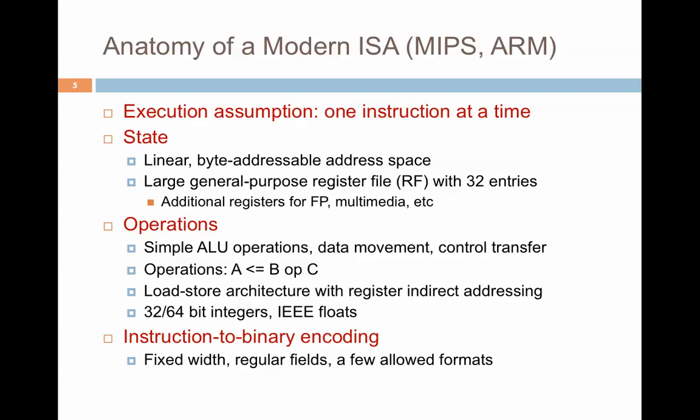Whereas in MIPS, we always have a fixed width, which makes it easy to decode, and they have regular fields, which also makes it easy to read and write values to our registers. We only allow a few formats, which is restrictive because it reduces the flexibility of the design, but it makes encoding, decoding simpler, and it makes those instructions that are very often used easier to work with.